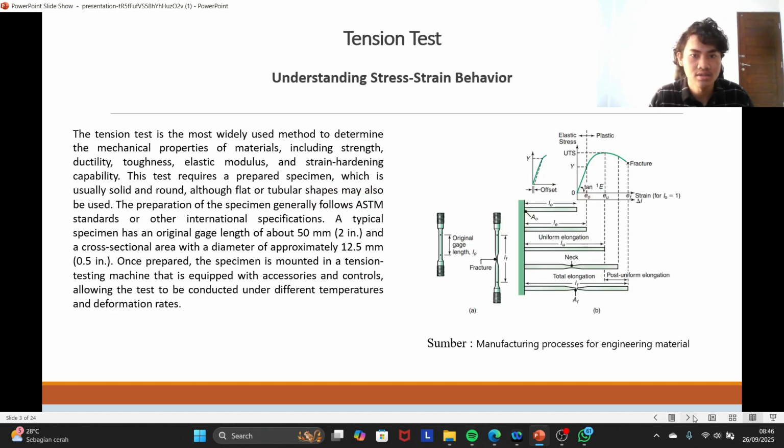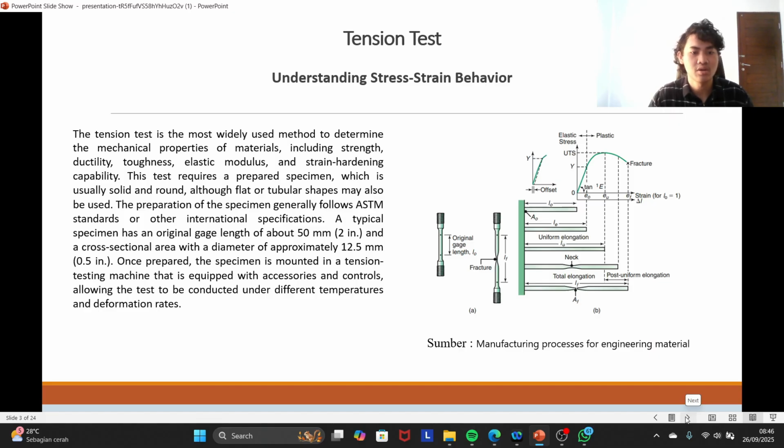Okay, next slide is the tension test, understanding stress-strain behavior. The tension test is the most widely used method to determine the mechanical properties of materials, including strength, ductility, toughness, elastic modulus, and strain hardening capability.